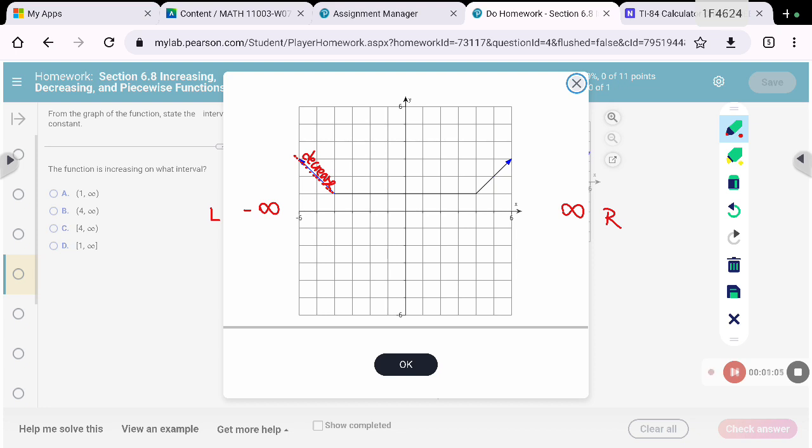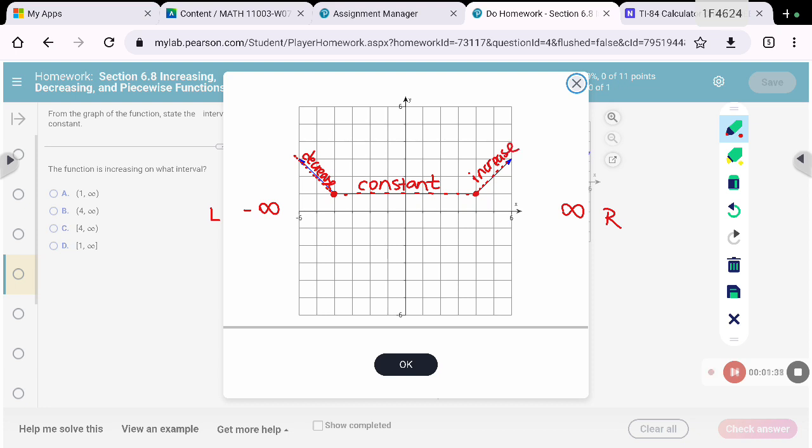Once I get to this point right here, you'll notice that the graph goes straight to the right. It's horizontal. That is going to be called a constant because all of the y's on that piece right there are the same. Once I hit this point, you'll notice now you're in this piece of the graph and your values are going up, which means that's going to be an increasing section.